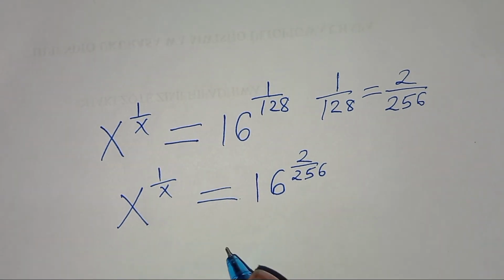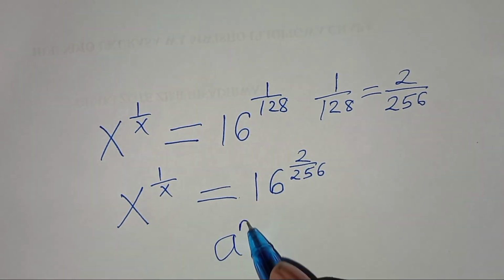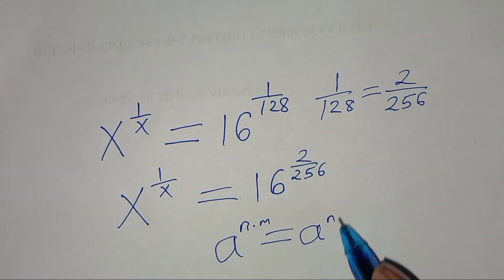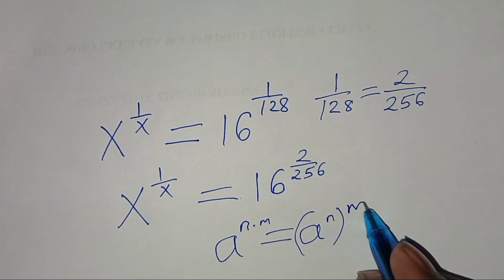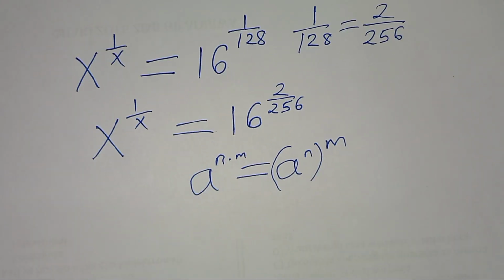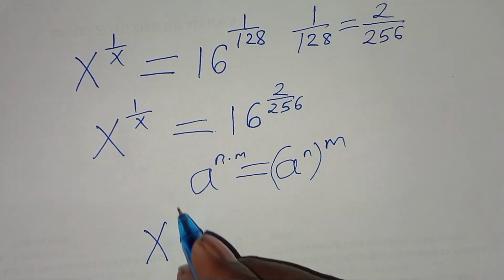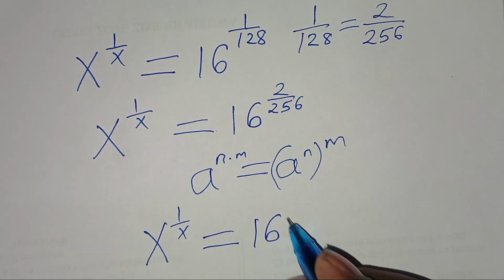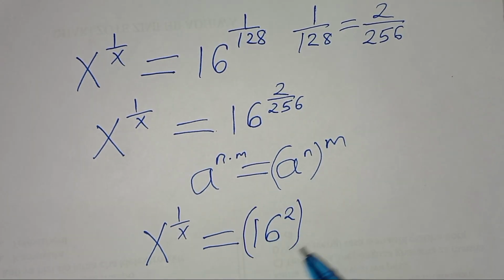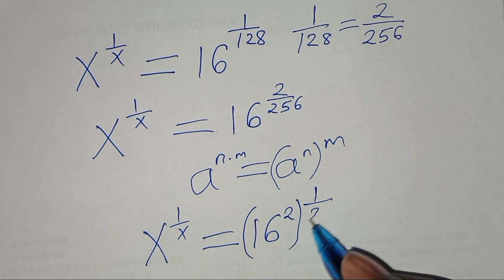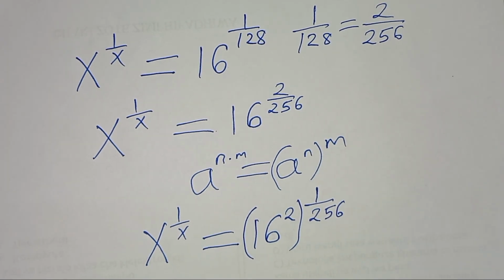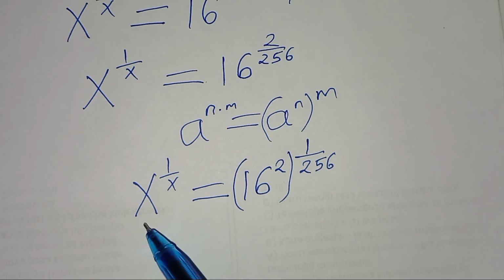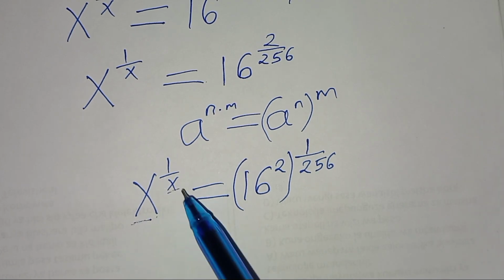Again, if you have a to the power n multiplied by m, this can be expressed as a to the power n raised to the power m. So in this case, we'll have x to the power 1 over x equal to 16 raised to the power 2 raised to the power 1 over 256.